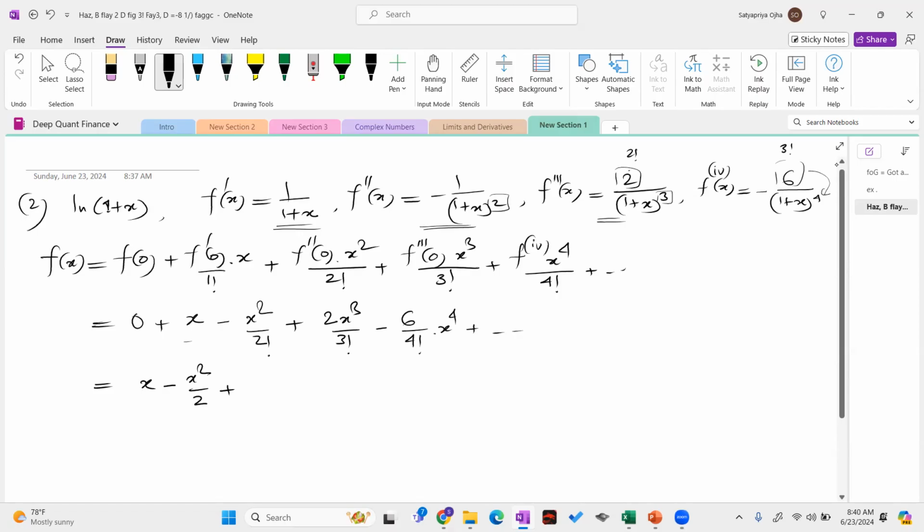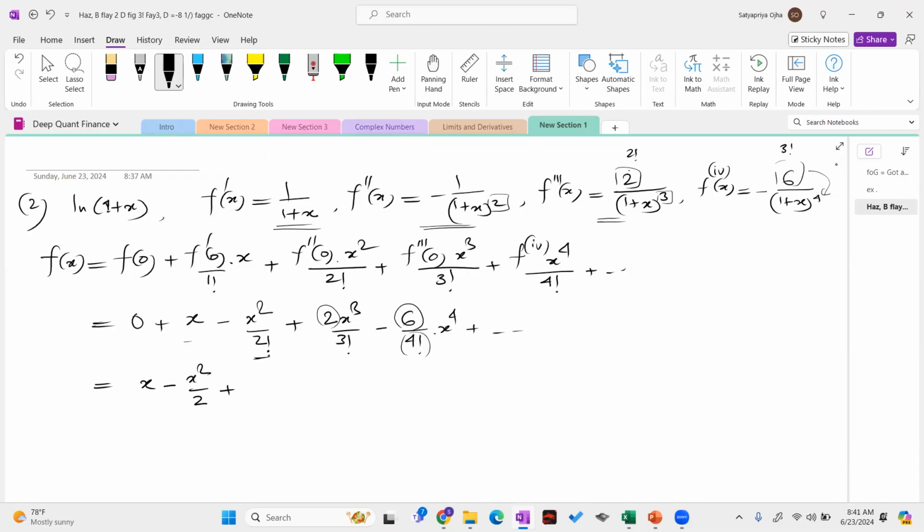That is 4 factorial. Correct? So in the numerator, we have the factorials. Actually, in the denominator also, we have factorials, in disguise. So in the numerator, you have 2 factorial. This is 3 factorial. Next one will be 4 factorial. But in the denominator, it's one higher term. It's factorial, but it's the next factorial.